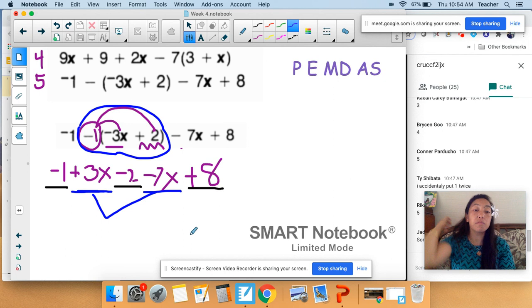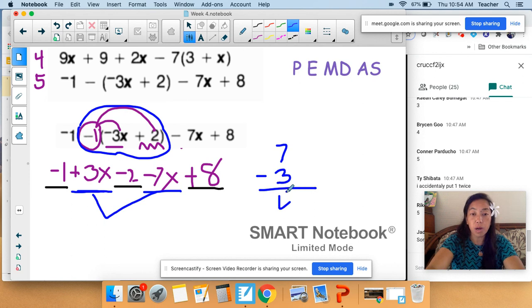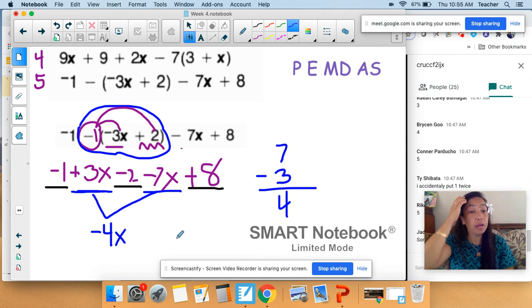We go big absolute value, which is negative 7, and the absolute value of negative 7 is 7, minus the small absolute value, which is 3. That's how we get 4. So different signs subtract, but we keep the sign of the larger. Who is the larger? Oh, the negative 7. So this becomes a negative 4x. And so we've combined our x terms.